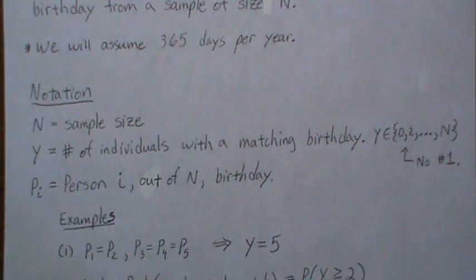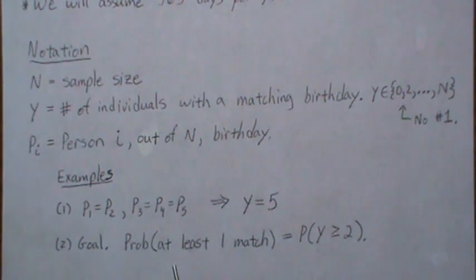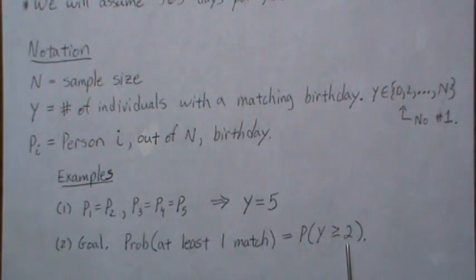That's the notation I'm going to use for this video. Again, the goal is to find the probability of at least 1 match. So in our case, Y is greater than or equal to 2. That's the common birthday problem.